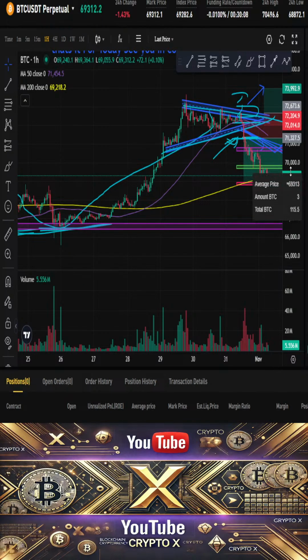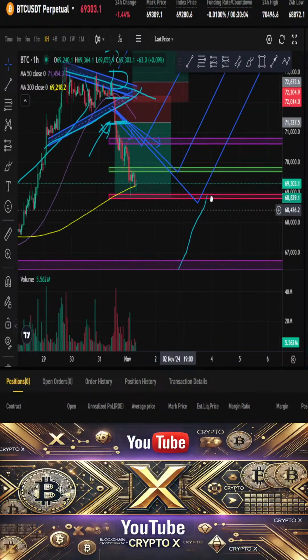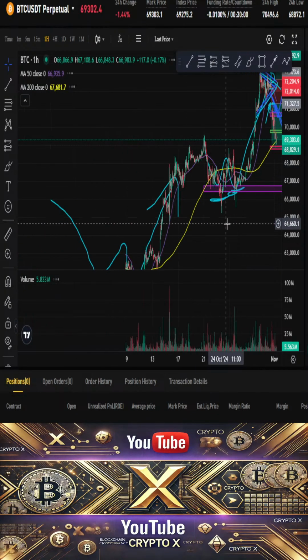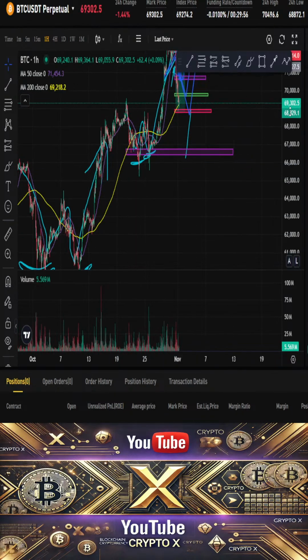I will teach you how to put the Fibonacci. Here you can see, just follow the trend first. Here you go. So the uptrend started here.